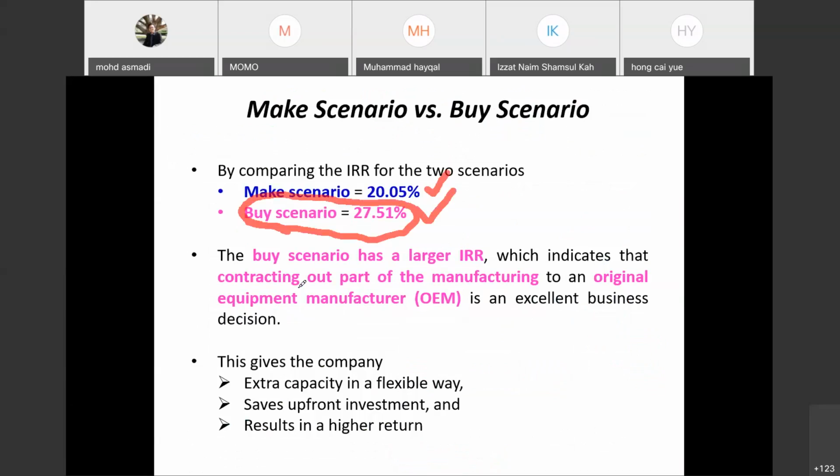From this we can conclude that the company can have extra capacity in a flexible way, save upfront investment, as well as result in a higher return. Both are still larger than the bank interest rate, which is 5%. If you still remember, both can proceed, but this one is much better because it gives a higher IRR.